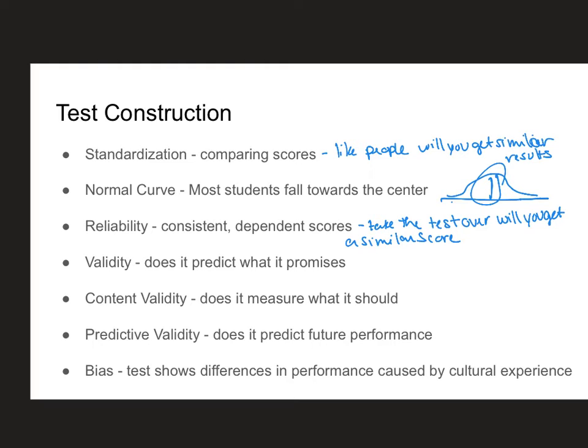So, for example, does the SAT actually predict how well you will do in college? And then content validity: does it measure what it should measure as far as the content or the topic is concerned?